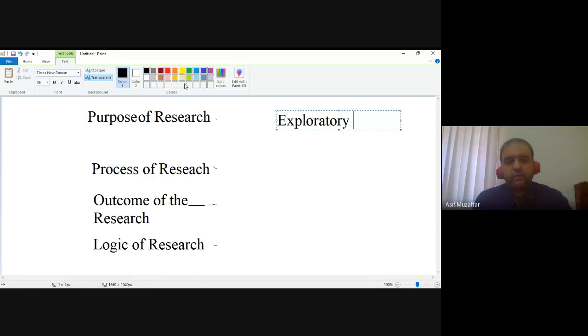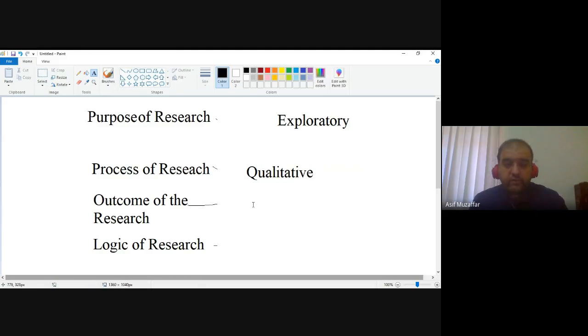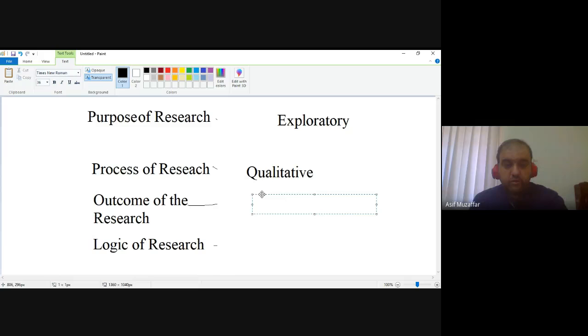If your purpose is exploratory, then the process of your research will be qualitative, right? That means the data you will collect will be in the form of text or interviews, not structured or close-ended. It will be open-ended questions. Text is the data which you will get.